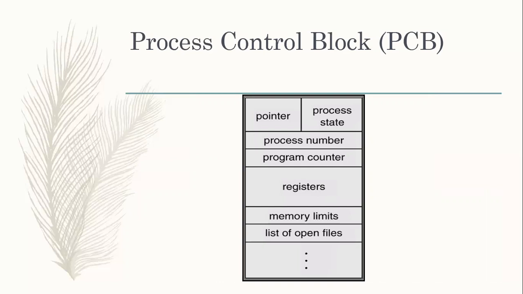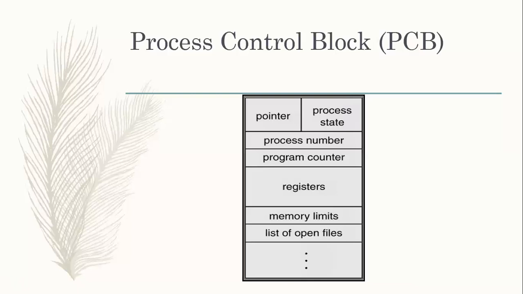Once again, it has a pointer, process state, process number, which I told you earlier is the process ID, then a program counter, lots of registers, the memory limit, what kind of memory is being utilized, the list of open files, accounting information, security. All those kinds of information get stored in the PCB.